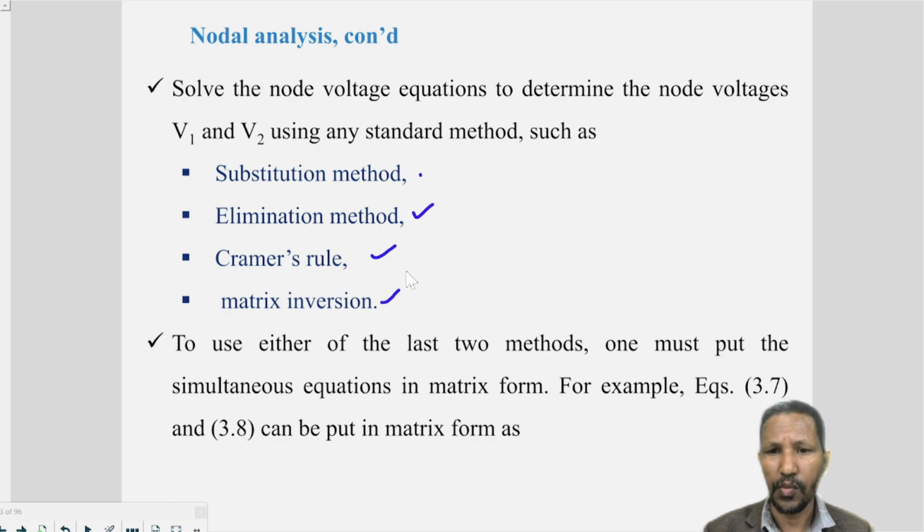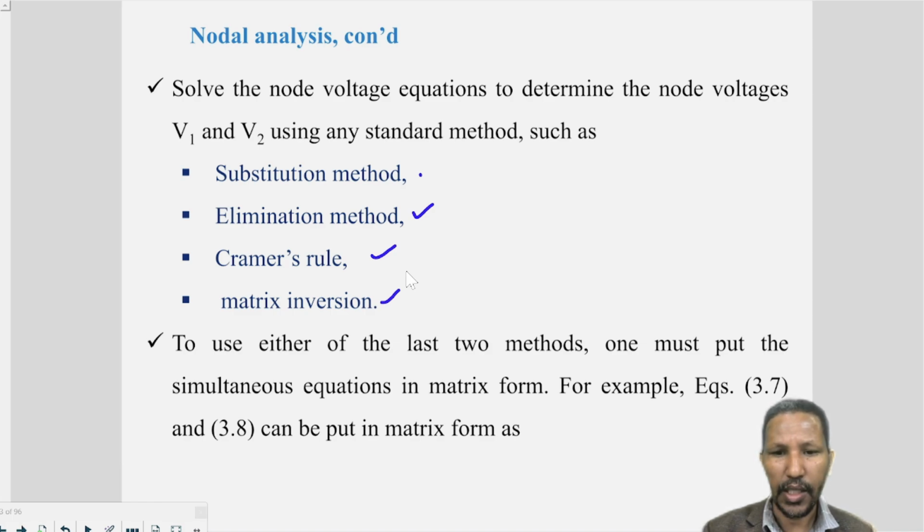Either we can use the substitution method or the elimination method, which is preliminary mathematics for solving simultaneous equations. We can also apply matrices using Cramer's rule or matrix inversion.